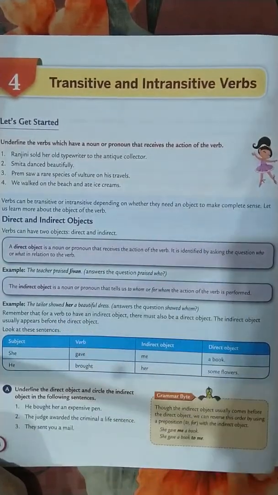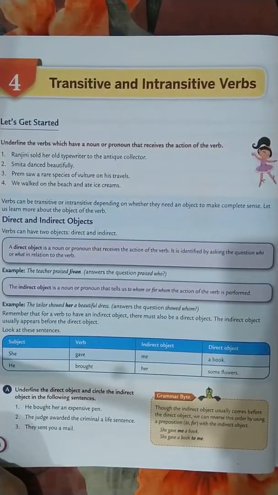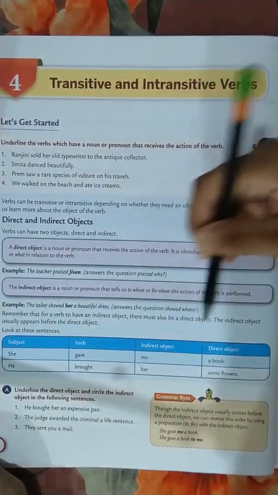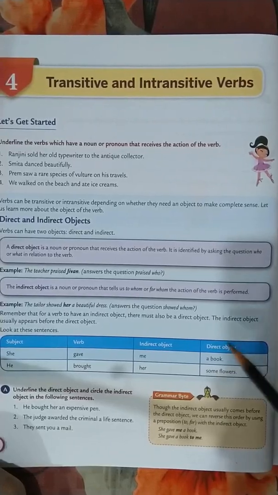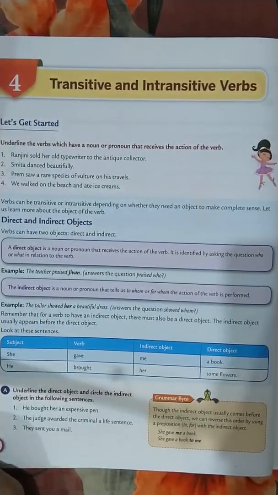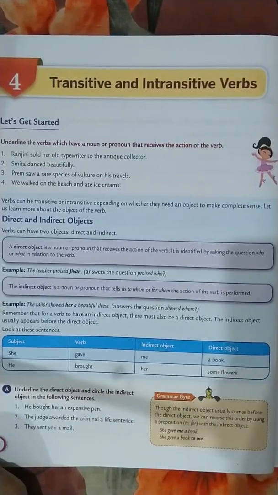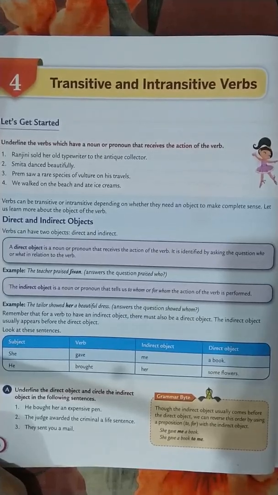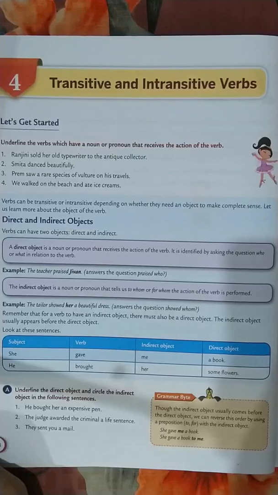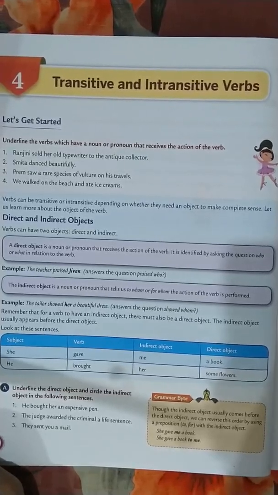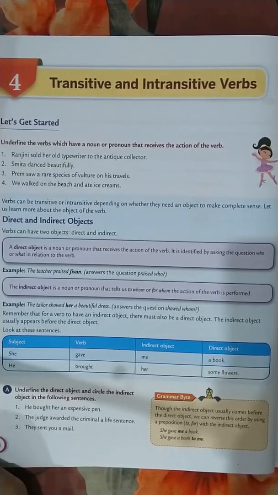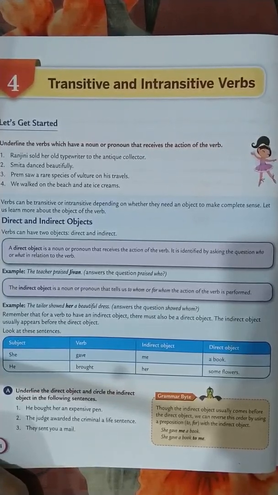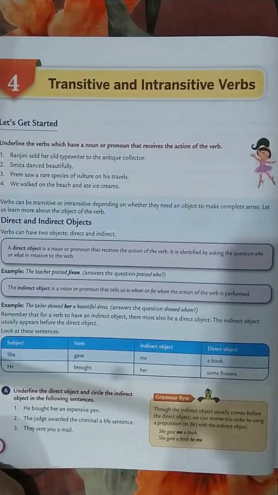If there is an indirect object, it is a must that a direct object should also be there. And usually the indirect object appears before the direct object.